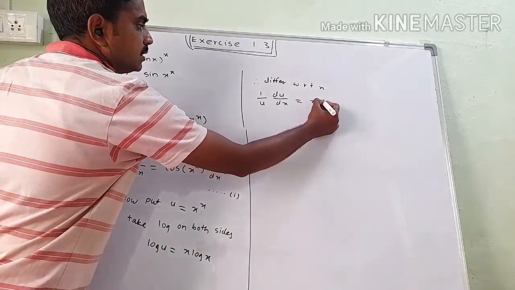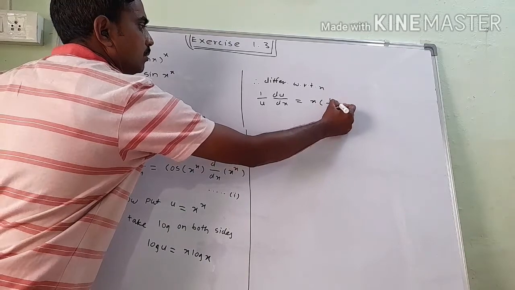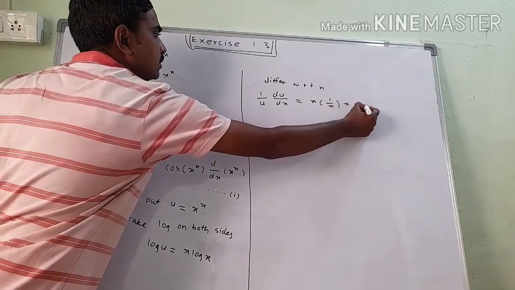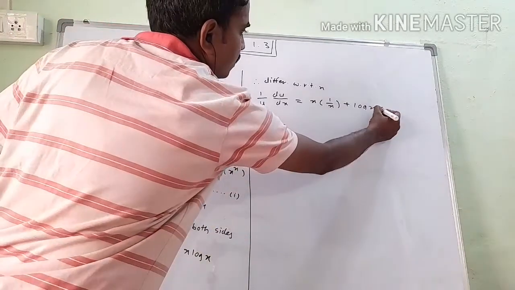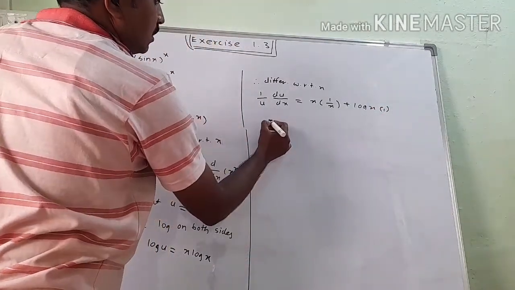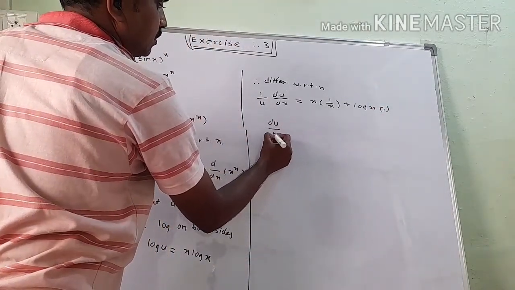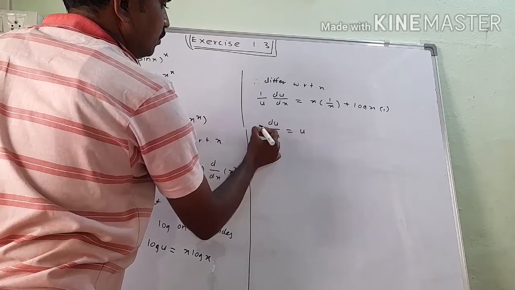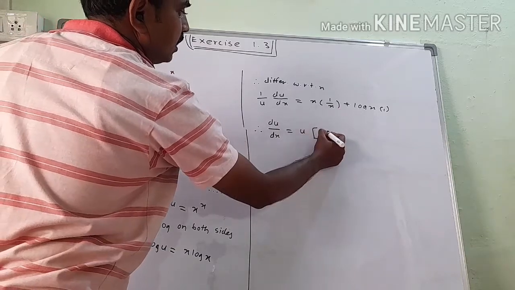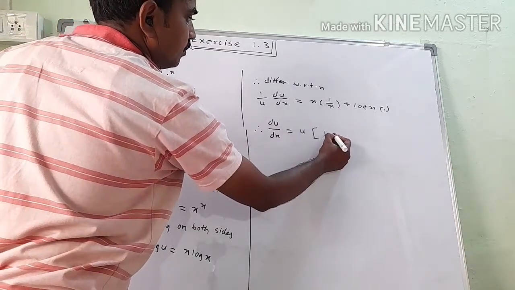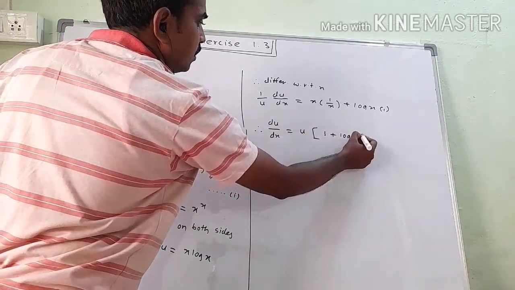First function as it is, the derivative of log x is 1 by x. Then the second function log x as it is, and the derivative of x is 1. Multiply on both sides by u. X will get cancelled, meaning the first term will be 1, the second term will be log x.